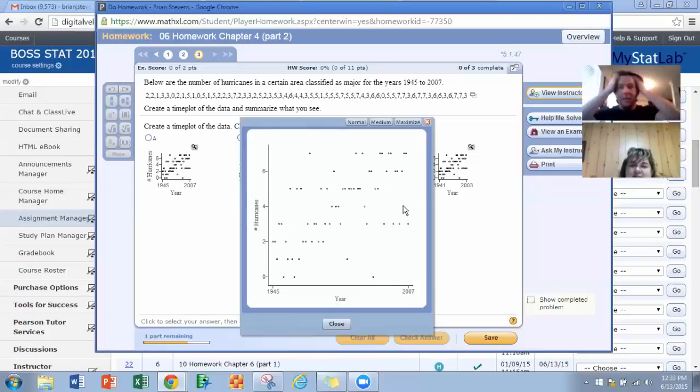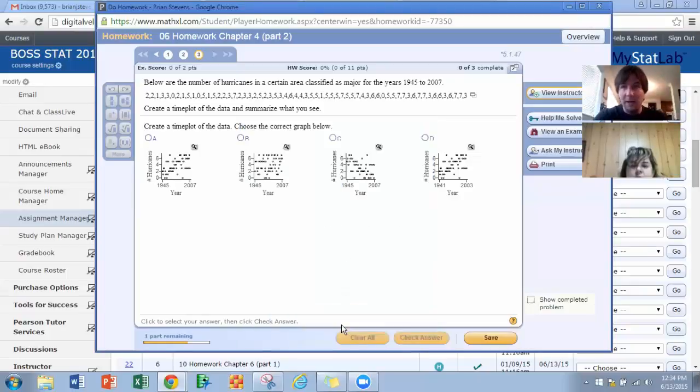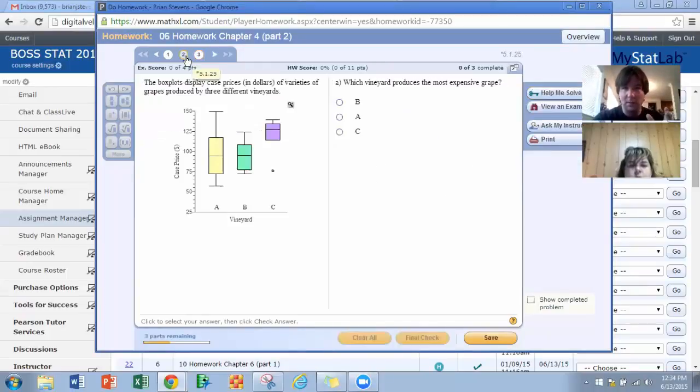So I think this question is one of the big areas of knowledge to gain from this, other than figuring the right time plot, is that a time plot is a quantitative display of data. So it's bivariate with the x-axis quantitative time and y-axis quantitative whatever you want. We go back to other quantitative displays like box plots here, which are univariate.